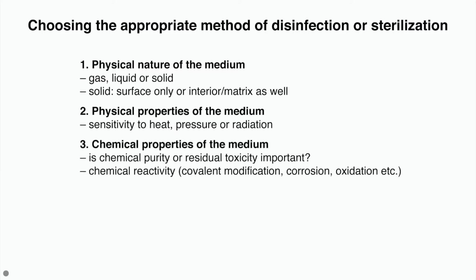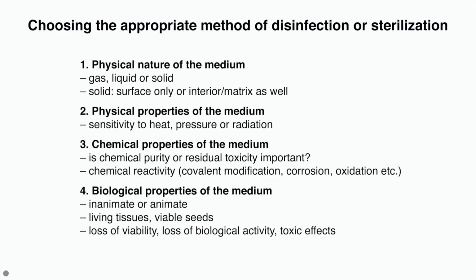Likewise, the chemical properties of the medium must be considered. For example, if the medium must retain its specific chemical composition, this would preclude the use of chemical control agents. You may also wish to avoid undesirable chemical reactions such as covalent modifications or oxidations.